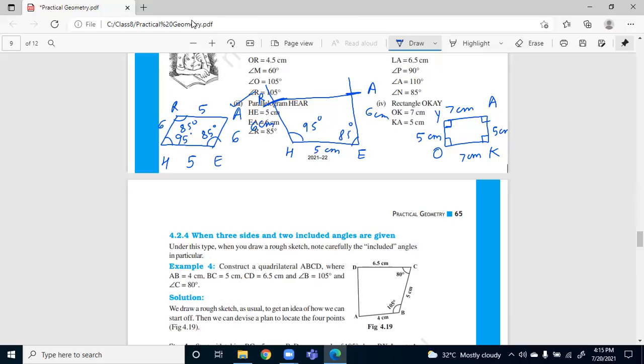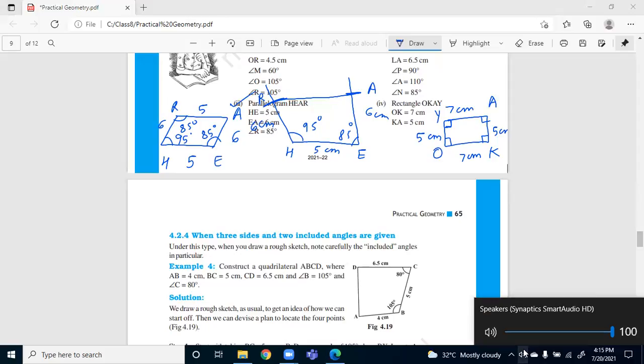And then from the point K, I will take the measure of the compass as 5 and make an arc. And then from the point Y, I will again make an arc of 7 centimeters. After that, I will join the bisectors with the line segment, and then our rectangle is completed. You are correct. Okay, so please complete everyone and share it on the group.